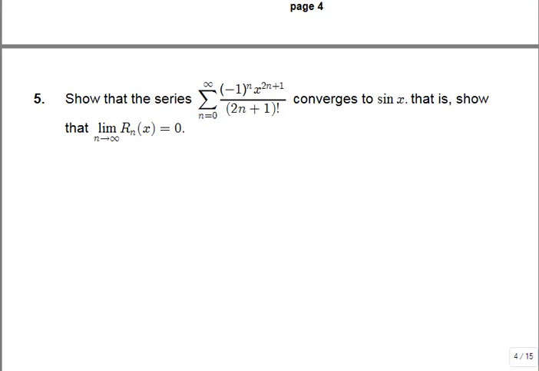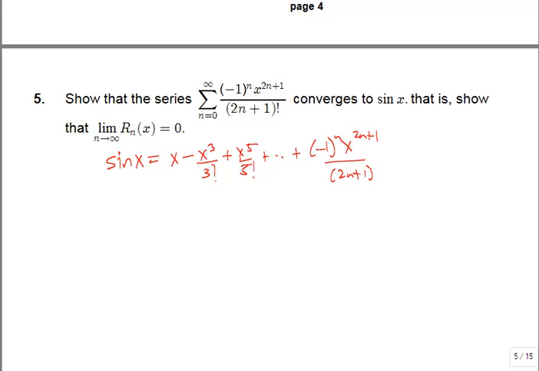So let's recall what we came up with. Sine of x was x minus x cubed over 3 factorial plus x to the 5th over 5 factorial, and so on. And if we look at the general term here, the nth term would be negative 1 to the nth times x to the 2n plus 1 over 2n plus 1 factorial.